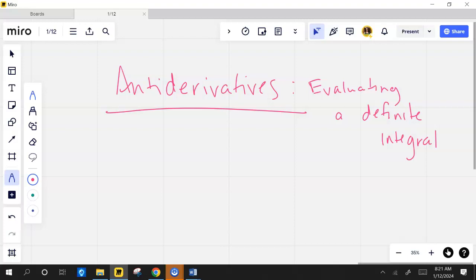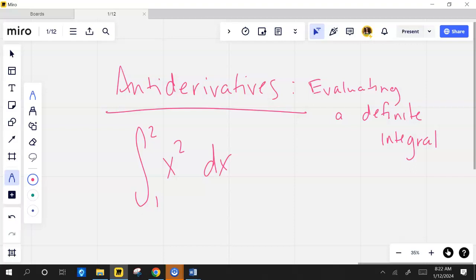Let's say I have this. Now, what you've been doing is you've been graphing this function and looking at a shape, trying to find the area of the shape, right? Whether it's a triangle, a trapezoid, a square, a rectangle, whatever it is.